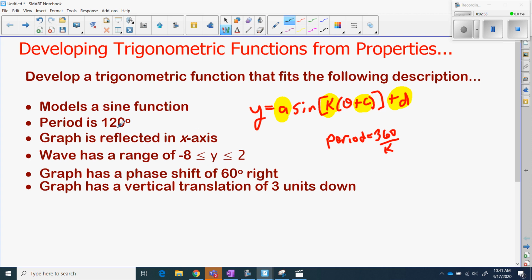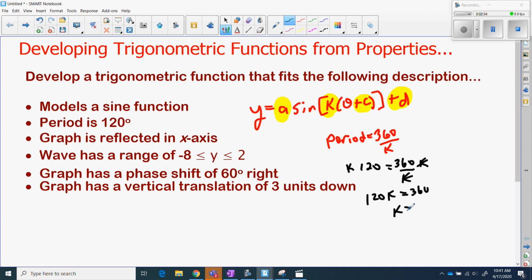So in this one, if I knew the period was 120, put it in here, 360 over k, rearrange and solve for k. I'd multiply both sides by k, which would get rid of that. Now I'm down to 120k is equal to 360.